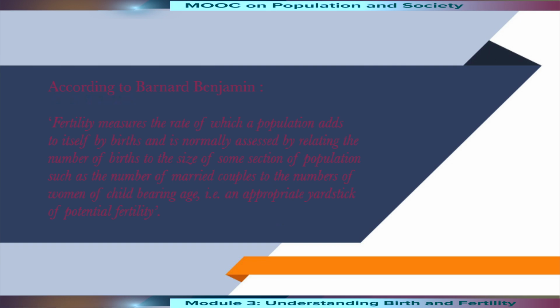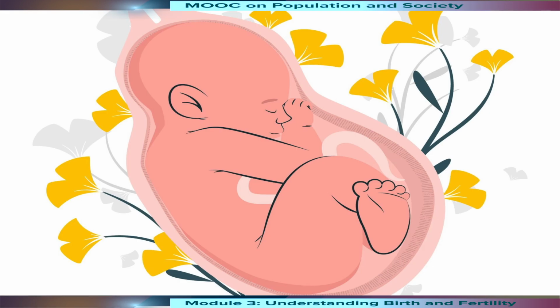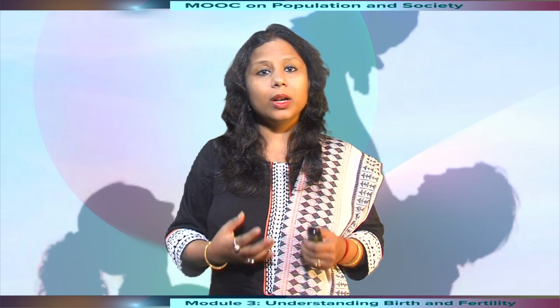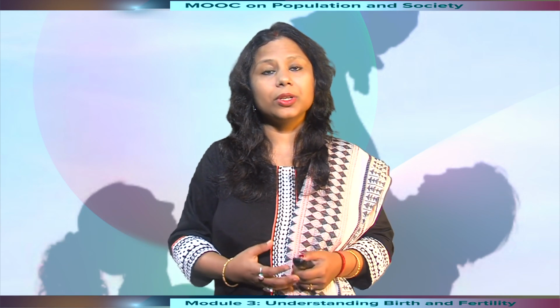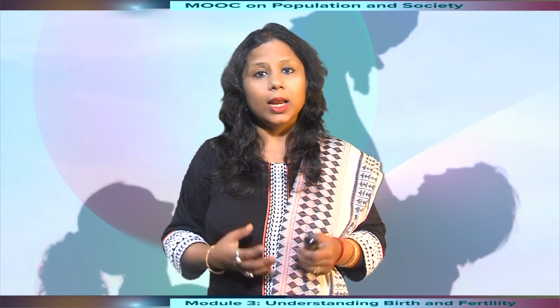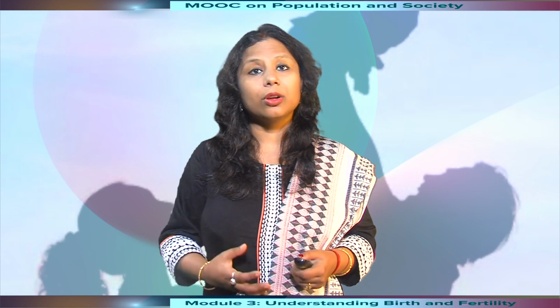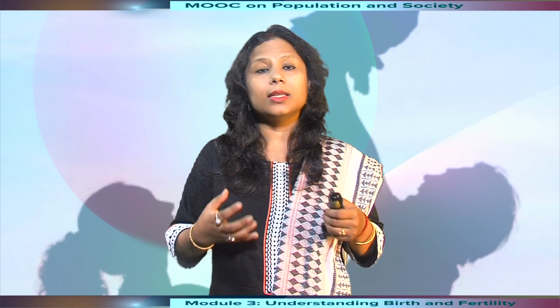Thus, fertility in simple words implies the actual birth performance of a woman or a group of women, or the relative frequency with which birth occurs in the total population or in the population exposed to it. It is the actual production of live offspring. So, fertility is actually what?